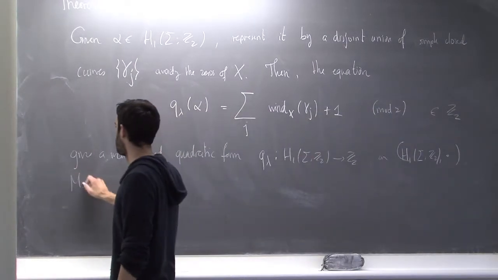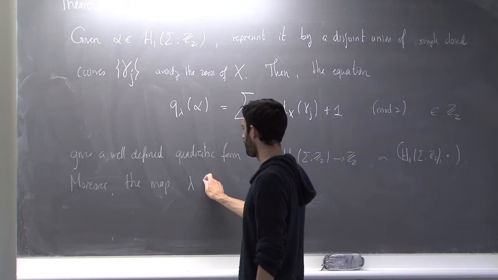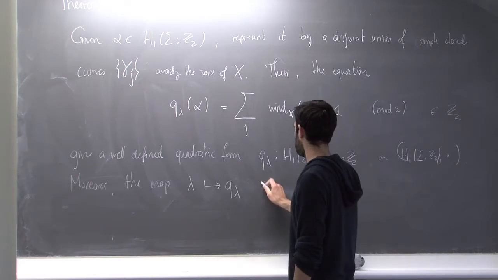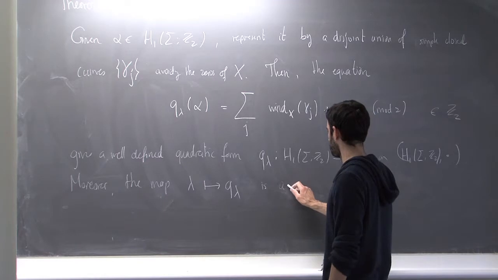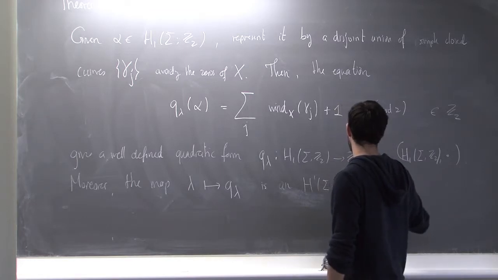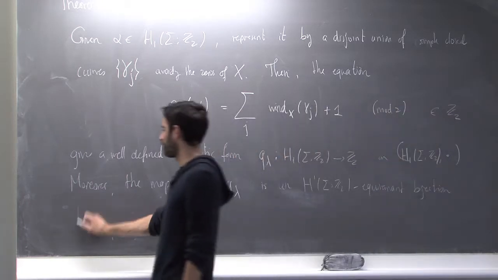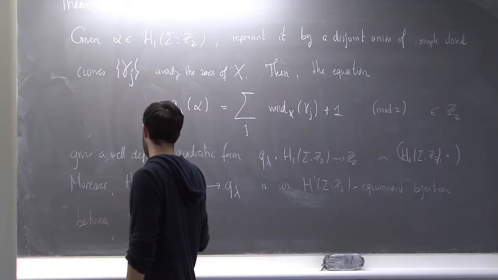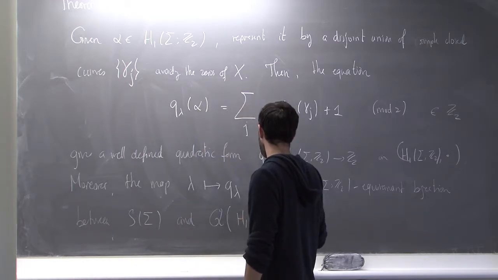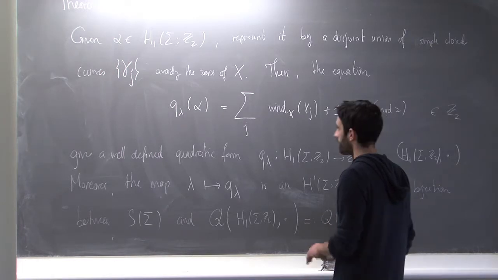Moreover, the map which to lambda associates Q lambda is an H1(sigma, Z2)-equivariant bijection between S, the spin structures, and the quadratic forms on the surface, which I want to denote like this.